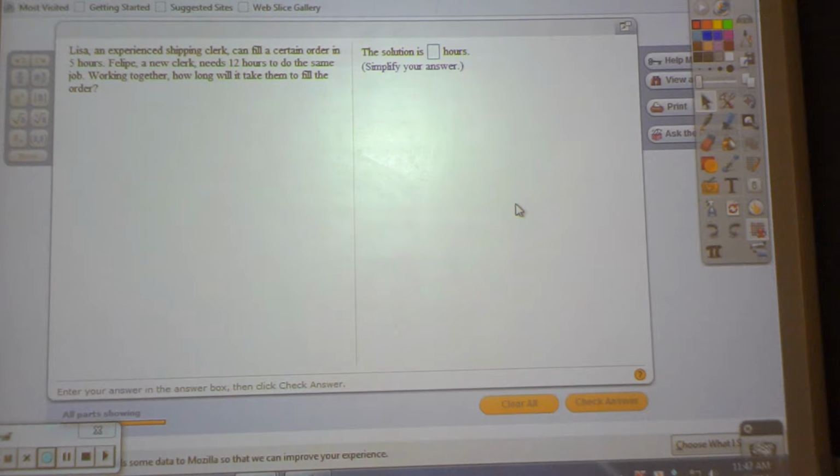Philippe, a new clerk, takes 12 hours to do the same job. You'll see a trend, the female in all these problems does it a whole lot better than the male. Working together, how long will it take them to fill the order?